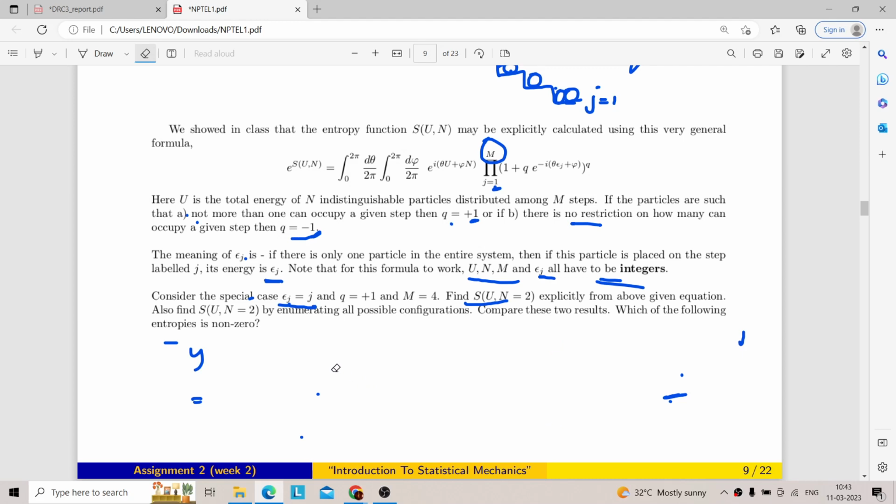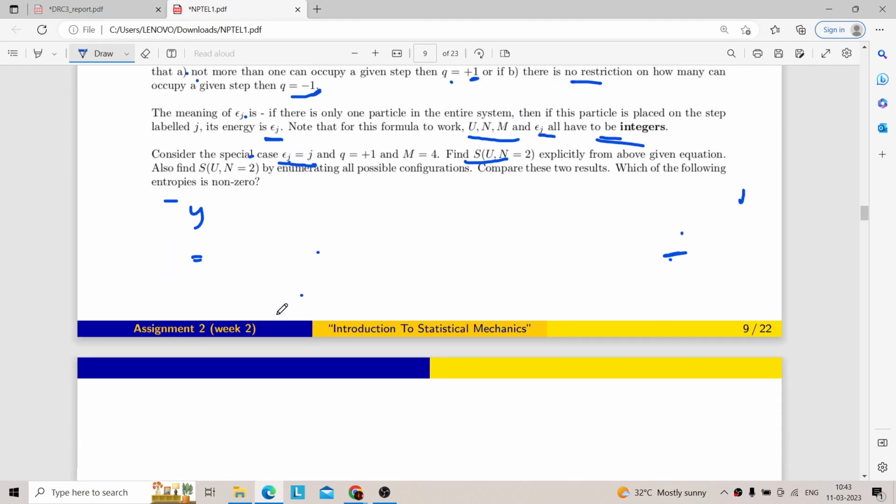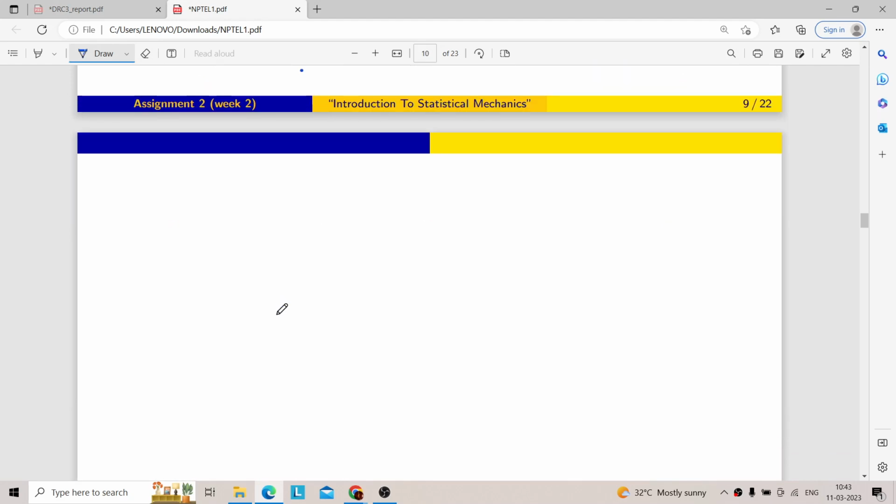Okay, so according to the question, we are given the number of particles as 2 and the number of energy levels as 4, and q value equal to 1, that means fermions.